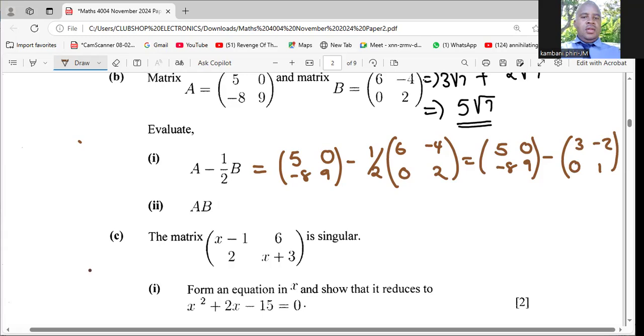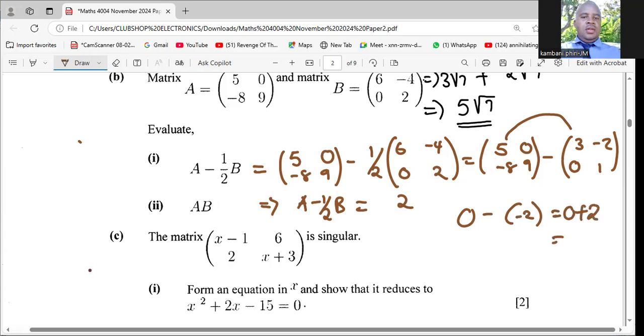Then upon subtracting, so what do we have? This implies that A minus 1 over 2B will be equal to 5 minus 3, this one minus that. We get 2. 0 minus negative 2, this is 0 plus 2, and the answer is 2.